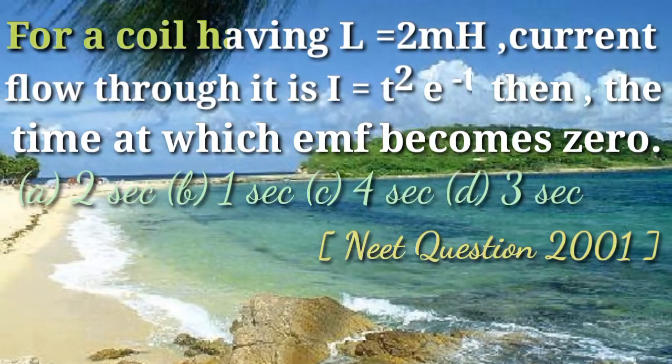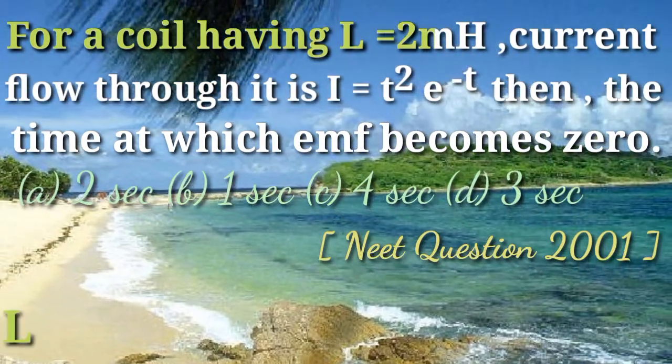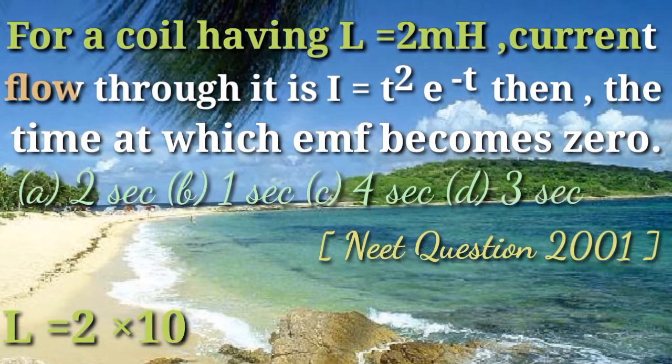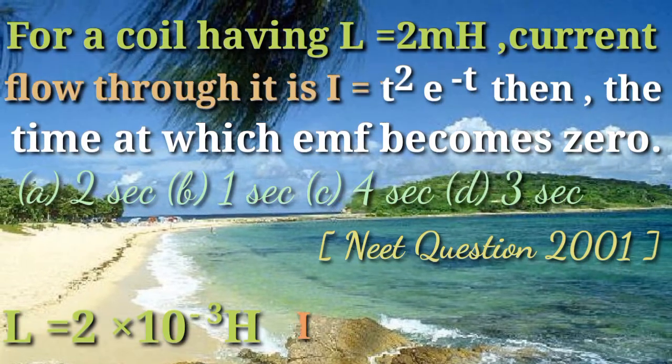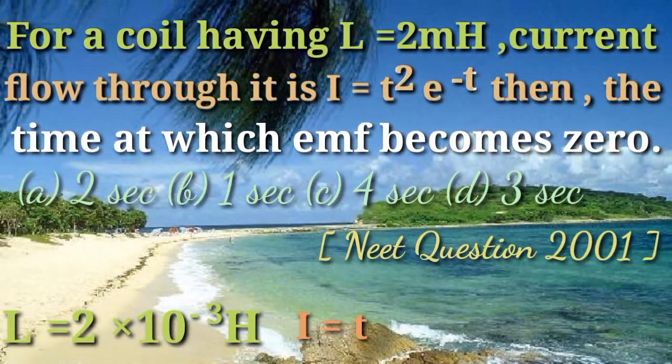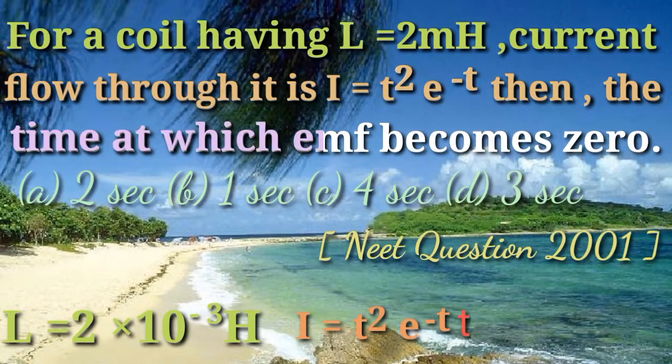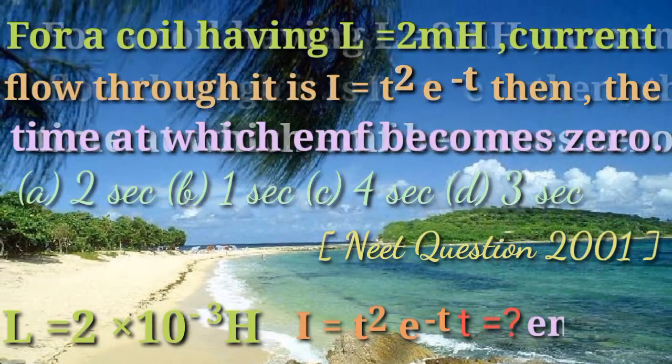For a coil having L equal to 2 millihenry, current flowing through it is I equal to t² into e raised to minus t. Find the time at which EMF becomes 0. By EMF formula, modulus of epsilon is equal to L into di by dt.